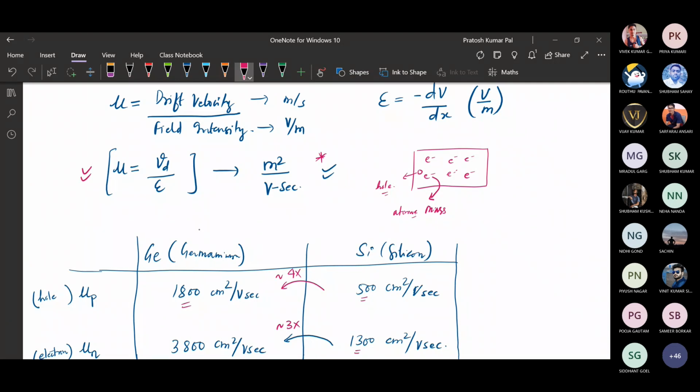Once an electron is moving, it generates a space, and this space is considered a hole, which is like a positive charge. The positive charge has higher mass than the electron. Once it has higher mass, its mobility is smaller than the electron.